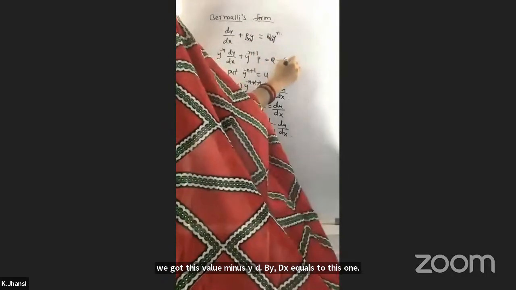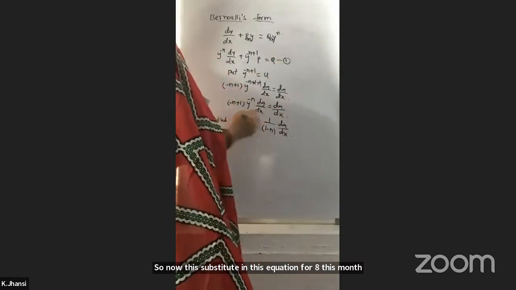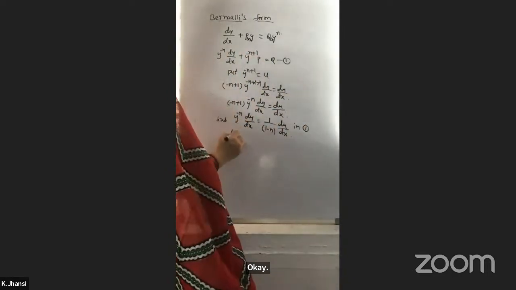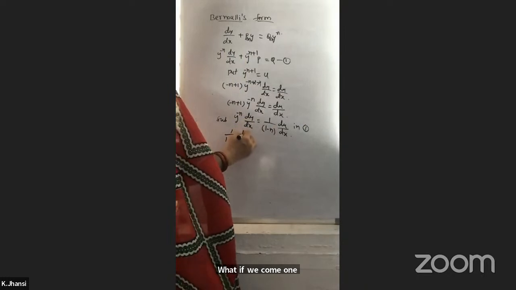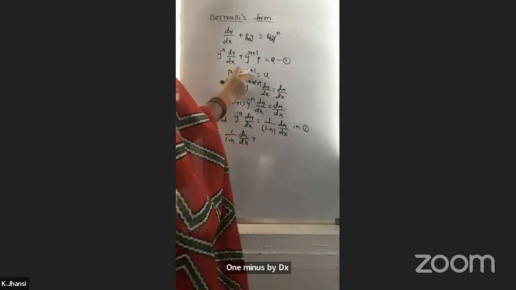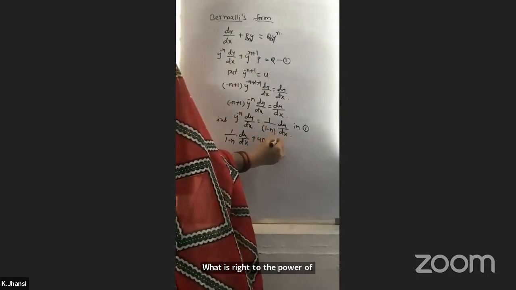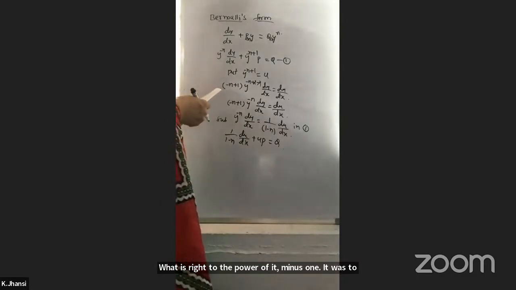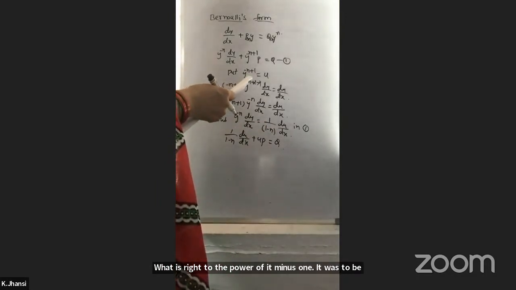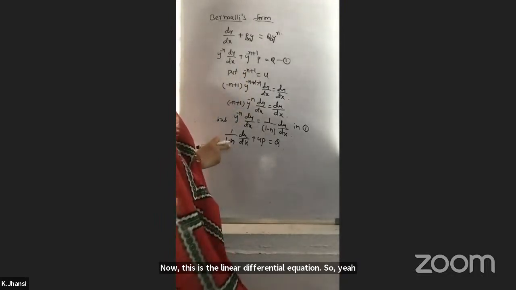Taking this as equation 1 and substituting this value, what will it become? 1 by 1 minus n into du/dx plus u into P equals Q. Now this is the linear differential equation, but the 1 minus n should not be there.